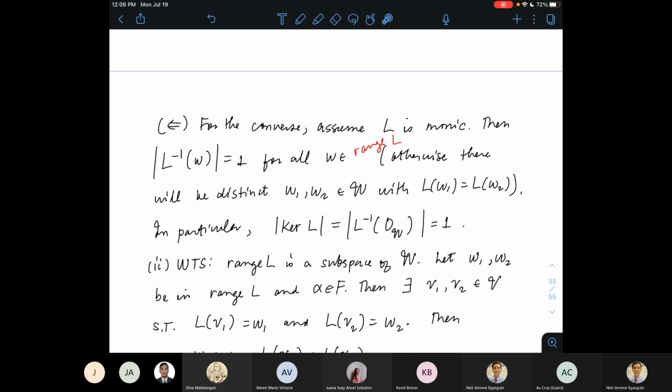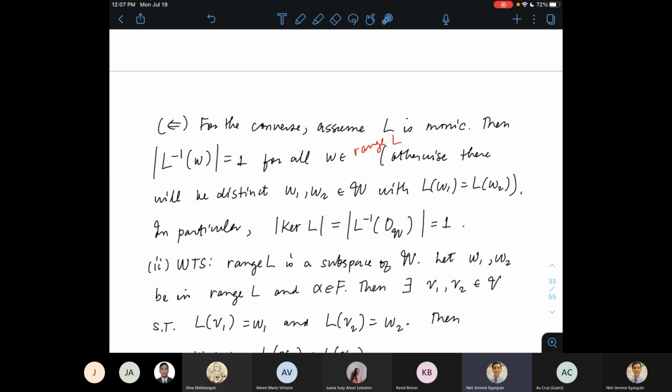Okay? I guess I wrote that as parenthetical remarks here. And in particular, if we take W to be the 0 vector in W, that means that we're talking about the kernel. Dahil ang inverse image ng lahat ng element ng range ay may isang laman lang, it follows that the inverse image of the 0 vector, which happens to be the kernel, must contain only one element.